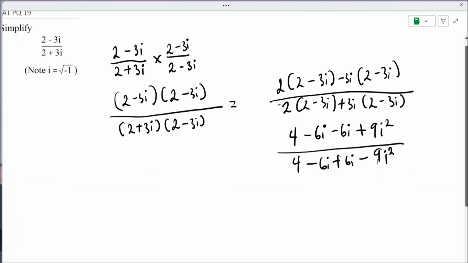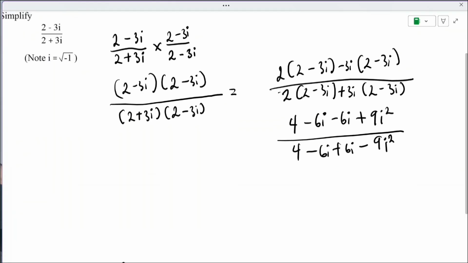Next, we further simplify. We go to the numerator. We have 4. Then minus 6i minus 6i is just like algebra. You're owing 6, you're owing 6, you're owing 12 in total. So you have minus 12i plus 9. i square is minus 1.